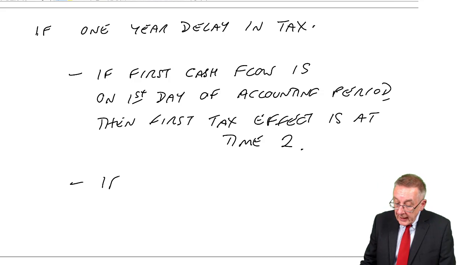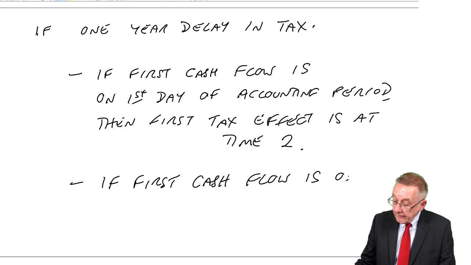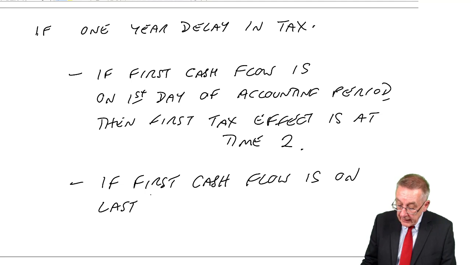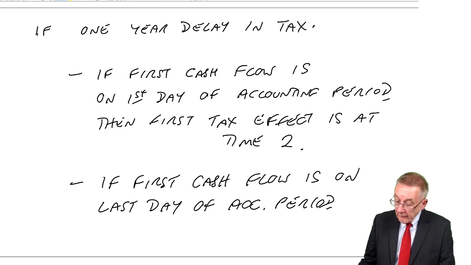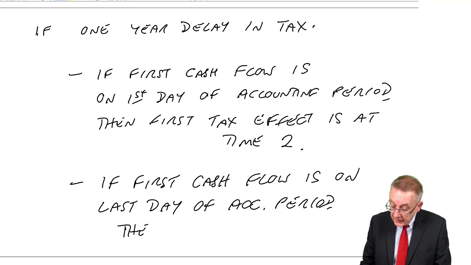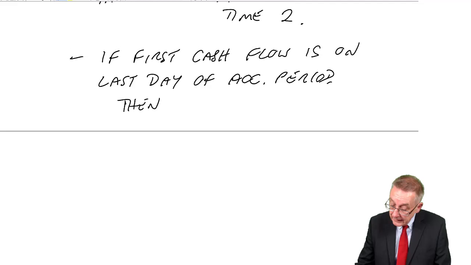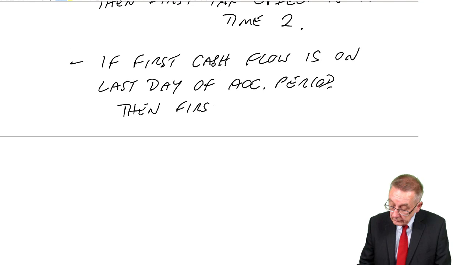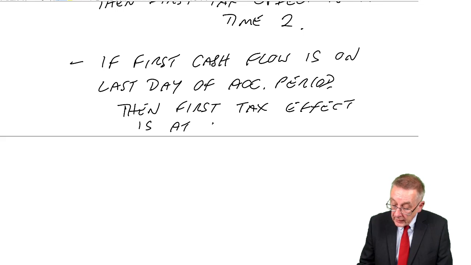On the other hand, if the first cash flow is on the last day of an accounting period, then again with a 1-year delay in tax, the first tax effect is at time 1.